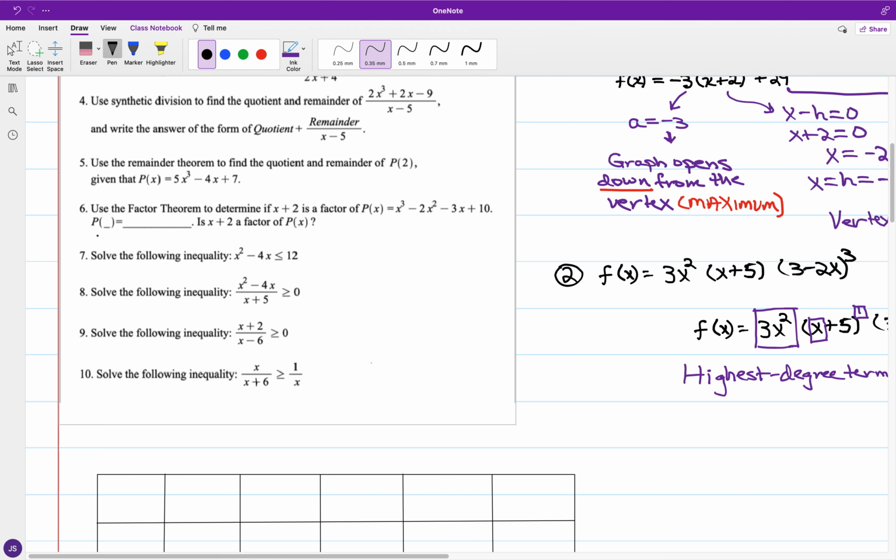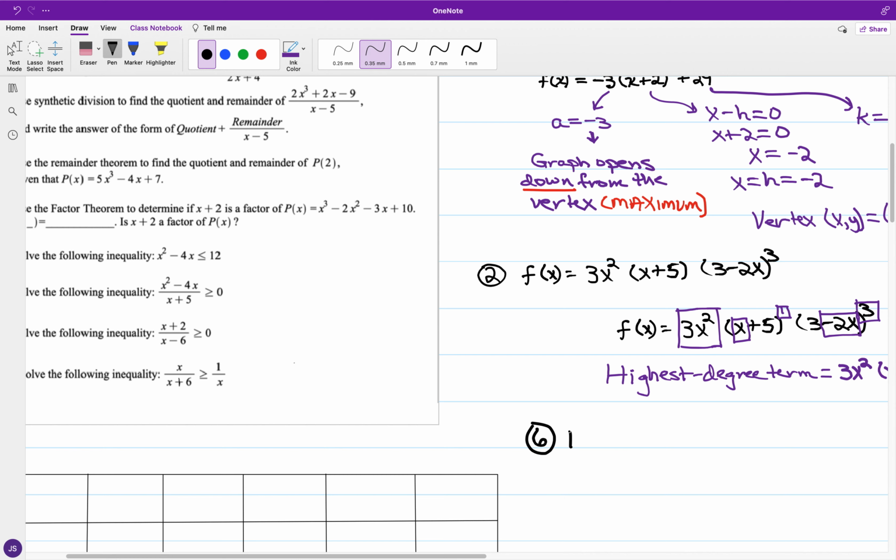We're filling in the blanks, like p of the zero of the divisor is equal to what remainder? And we have the yes or no question, is x plus 2 a factor of p of x?